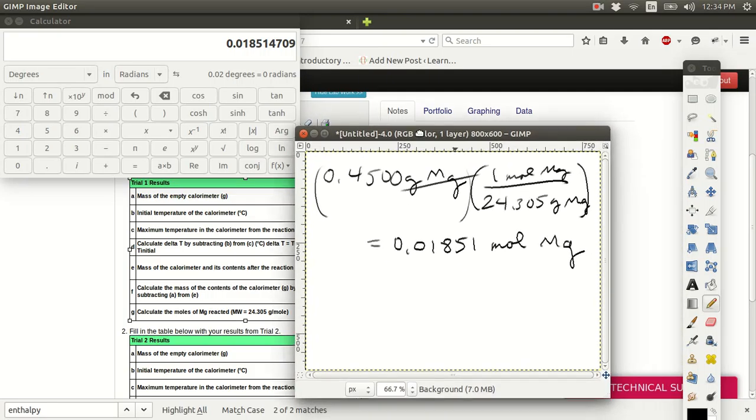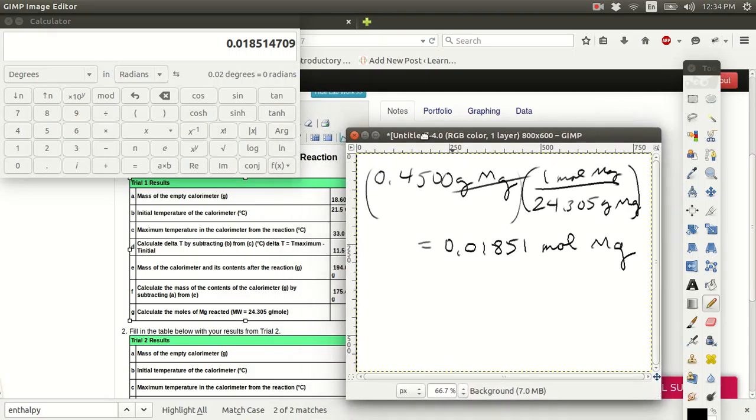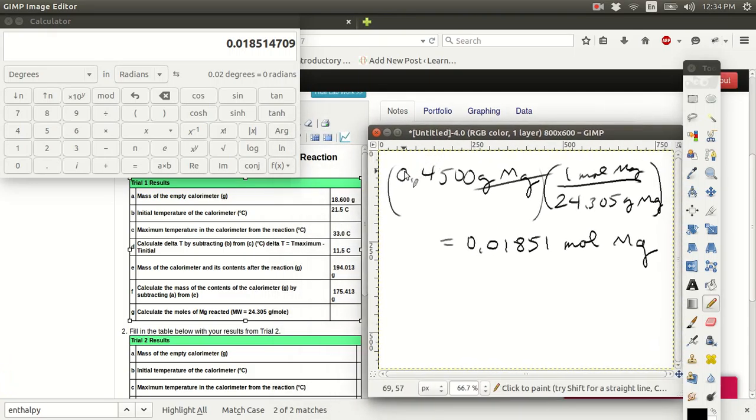Now remember, it's important to keep track of the significant figures, but because this is an introductory course and most of you will be nurses or something similar, clinical rather than research, I'm going to let you use whatever number of significant figures you prefer.